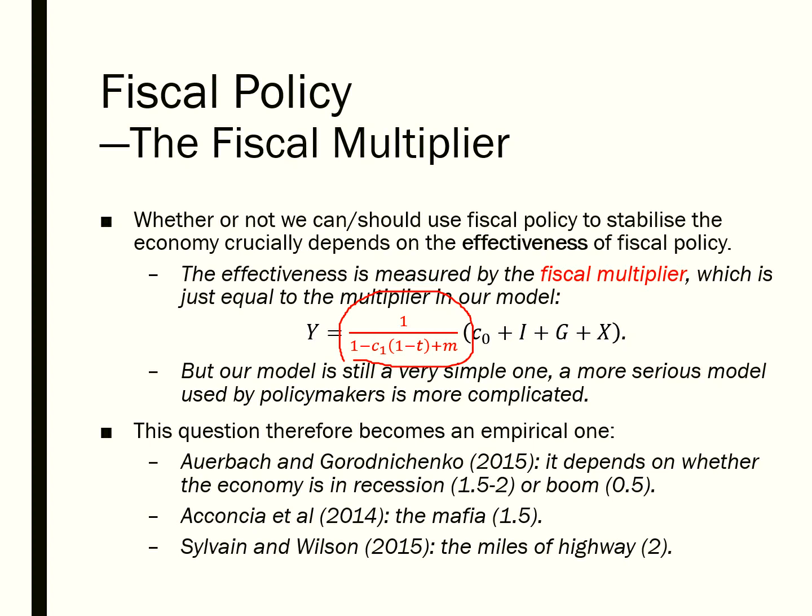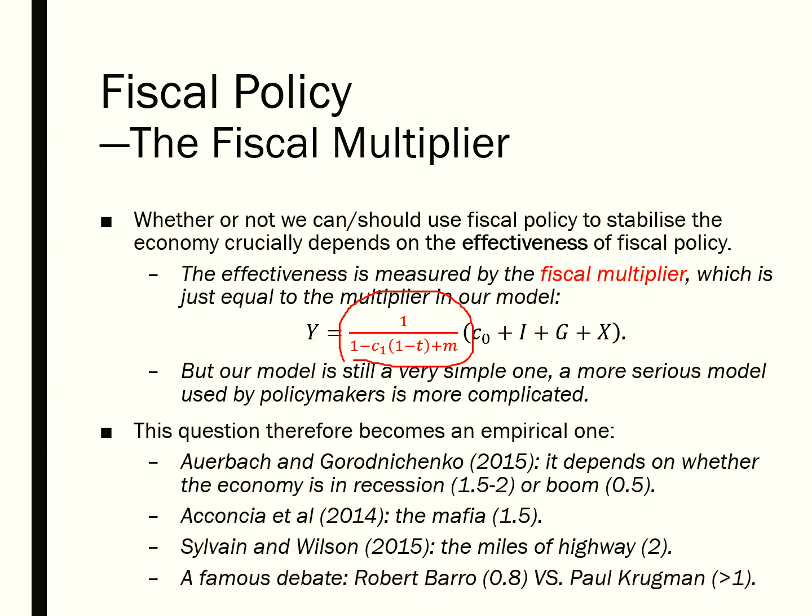And another literature by Sylvan and Wilson in 2015, they use the miles of highway to estimate it. So basically the economists are trying to use every possible way to estimate this multiplier. If it is greater than 1, then you should use it because it's effective.